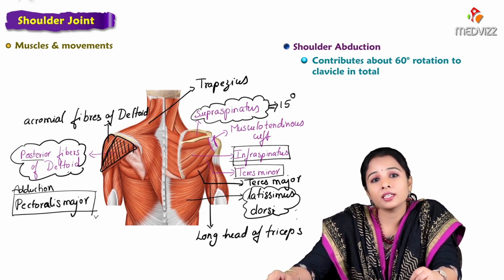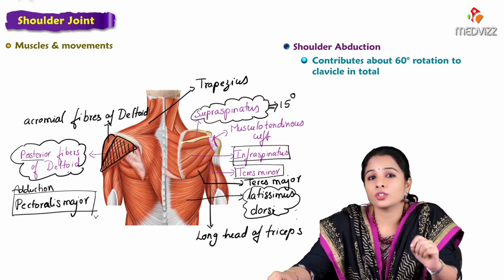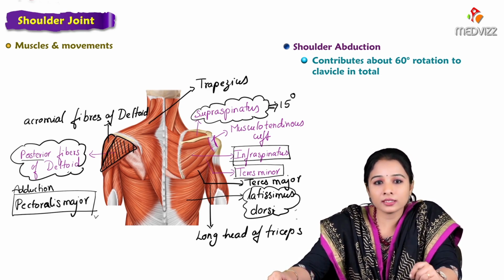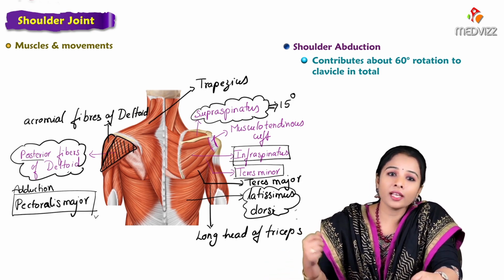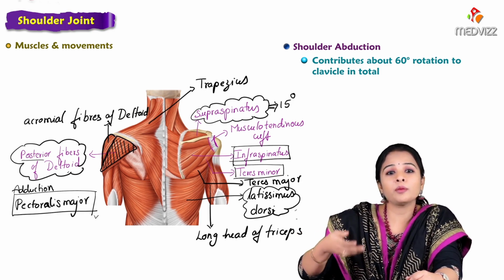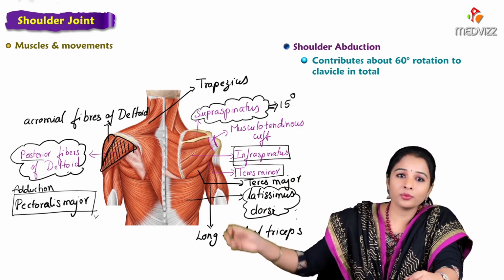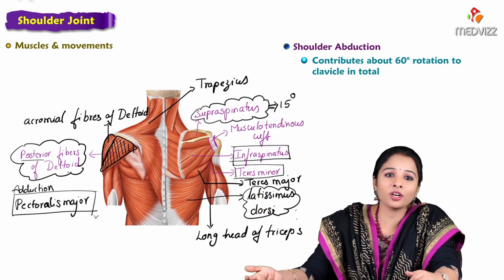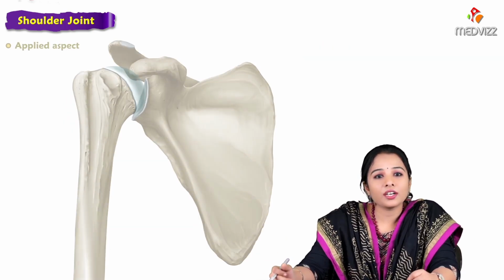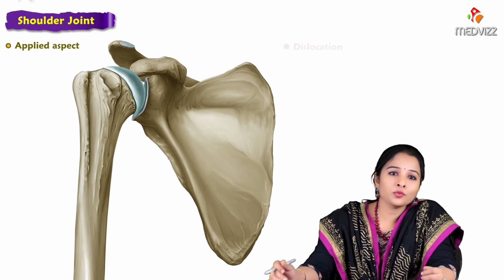So remember, the initial 15 degrees is brought by what muscle? Supraspinatus. So if there is any supraspinatus tendinitis, the person will have difficulty to initiate abduction. So if we help for 15 degrees, if you lift, then he can do up to 90 degrees because the deltoid muscle is active.